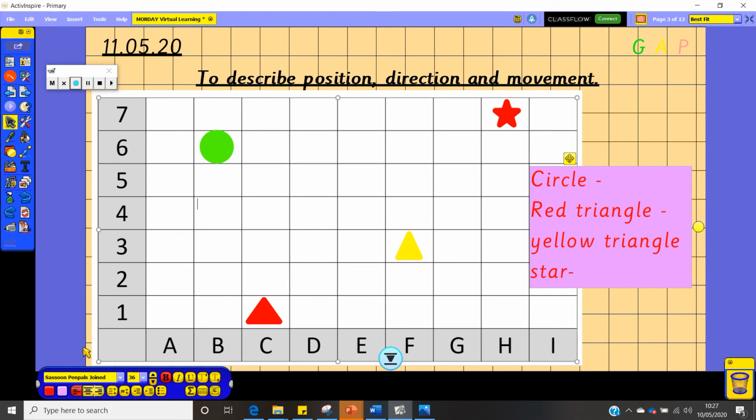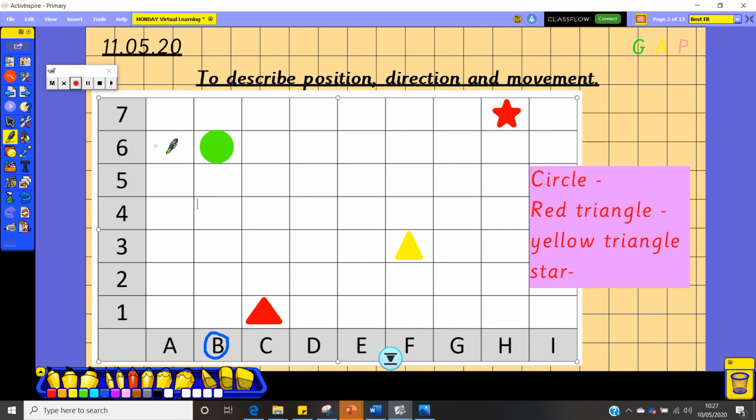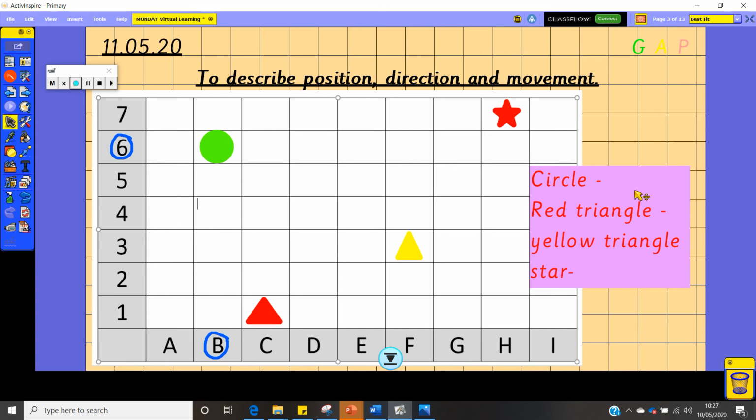First of all, go along the bottom till we get to the column with the circle in it. So it is B here, and then we go up the side. You can circle it if that would help. So I'll circle B, and then I'm going to go up the side and find the number of the row that we find the circle in, which is 6. So the coordinates of the circle are B6.